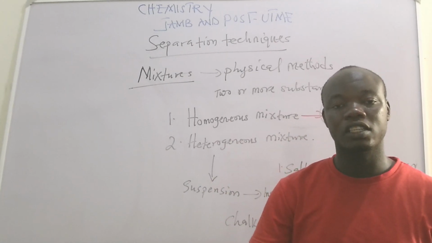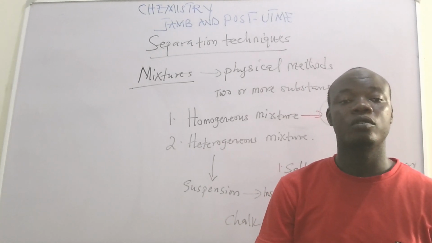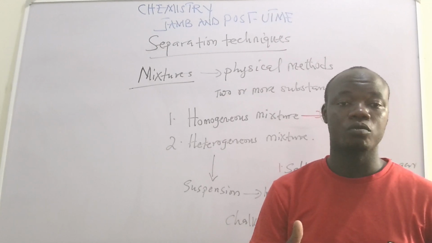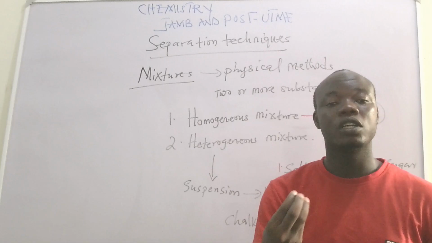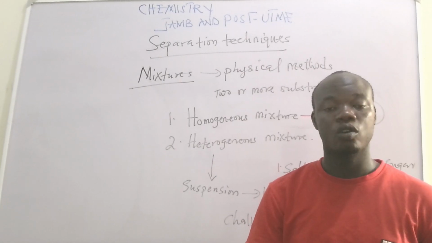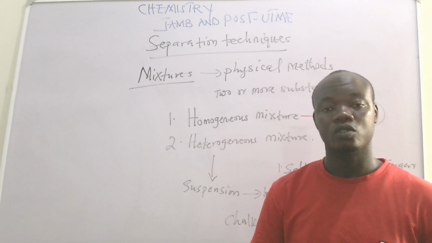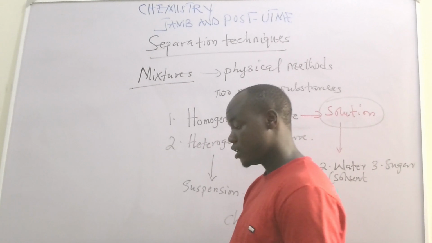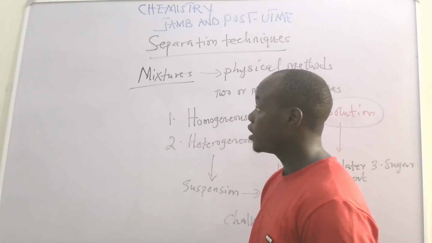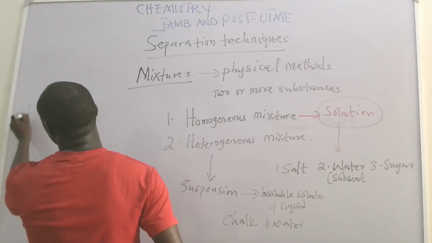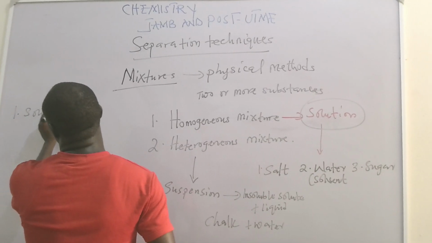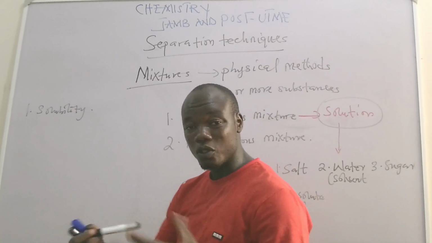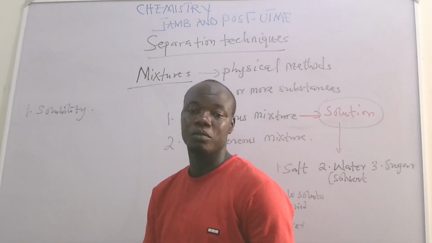Separation techniques exploit various physicochemical parameters. There are some physicochemical parameters that are usually used in separating mixtures. One of them is solubility. We can exploit the solubility of two or more substances, and based on that, you can separate them.